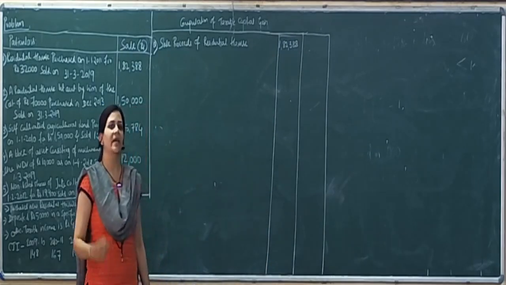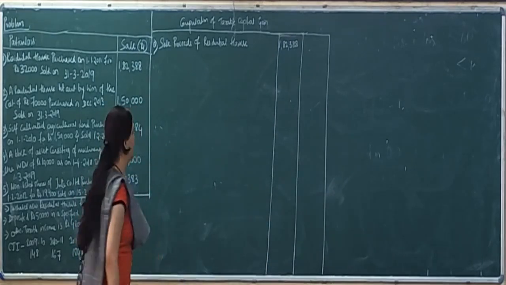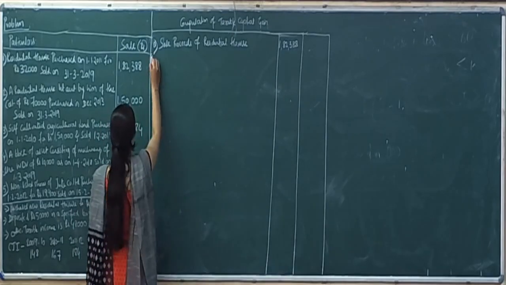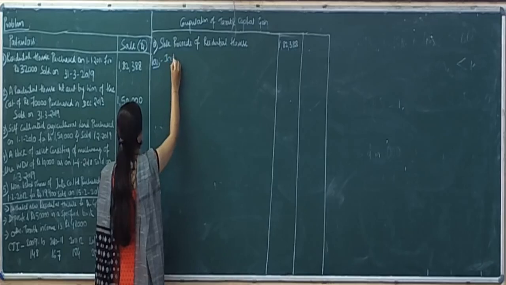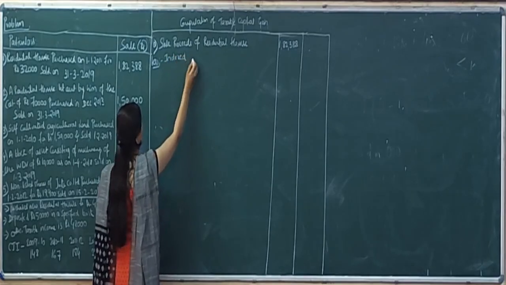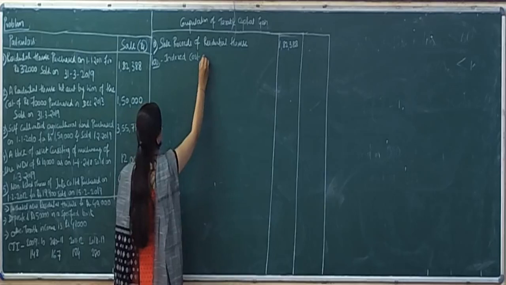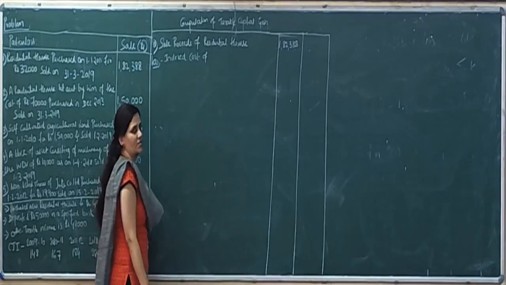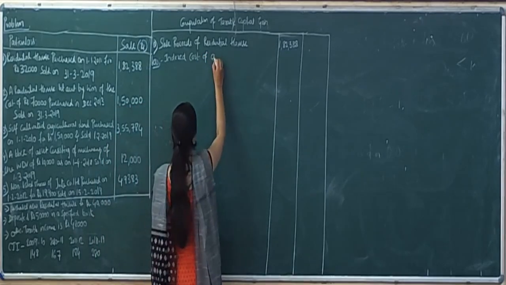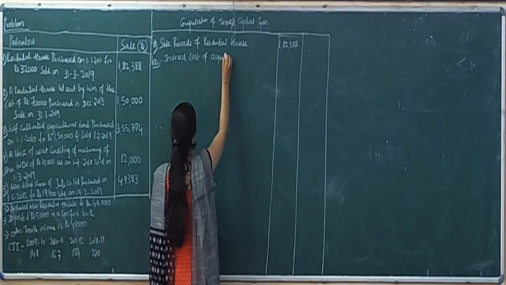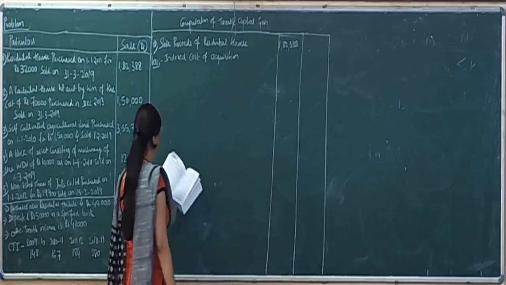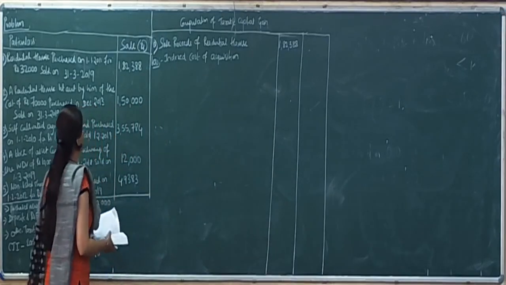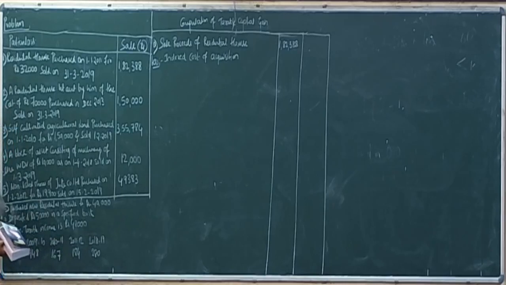Now we have to index it. Indexed cost of acquisition. So what is the purchase price here?